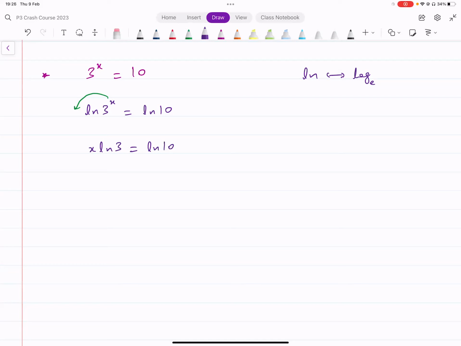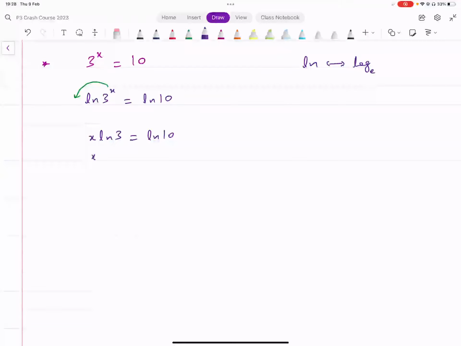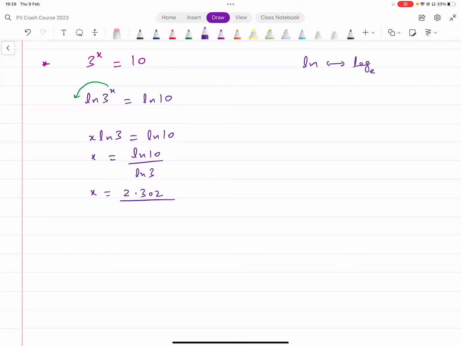You could just evaluate this on your calculator and you get the value of x that satisfies this particular equation. The value of ln 10 here turns out to be, let me check again, 2.302, divided by ln 3, which is 1.099, and this is going to give me 2.10.